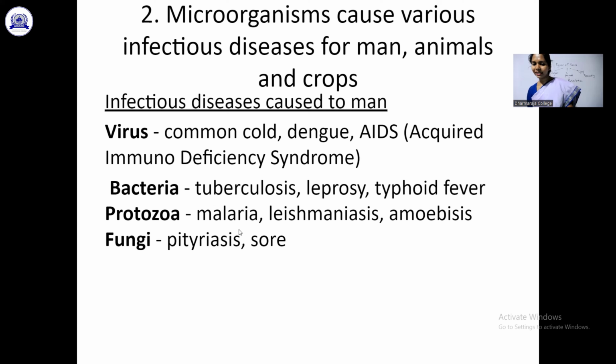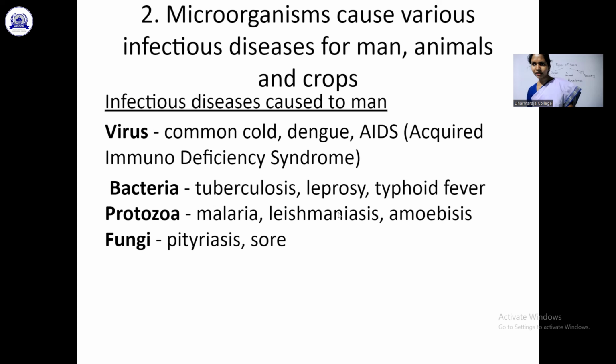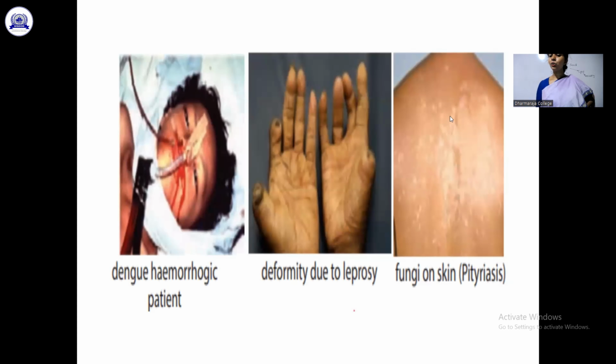And from protozoa, malaria and leishmaniasis occur. When you have open wounds, sand flies can bring this protozoa, and your wound does not heal and spreads further. At the same time, enlargement of the liver can occur due to this disease. And amoebiasis and fungal diseases, such as tinea, can be included.